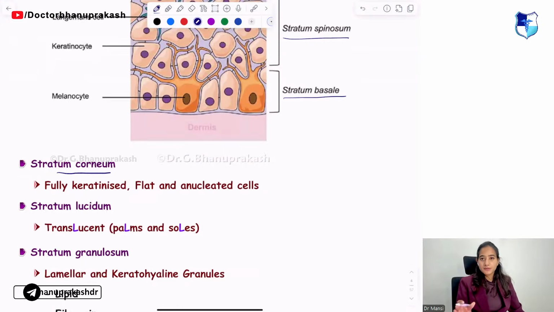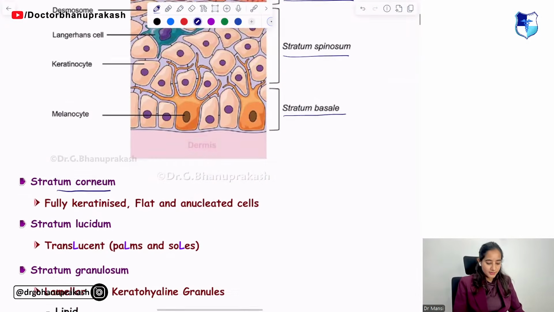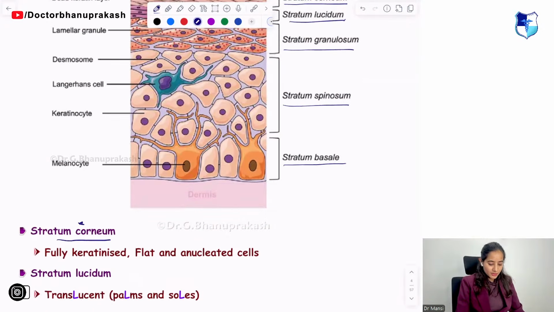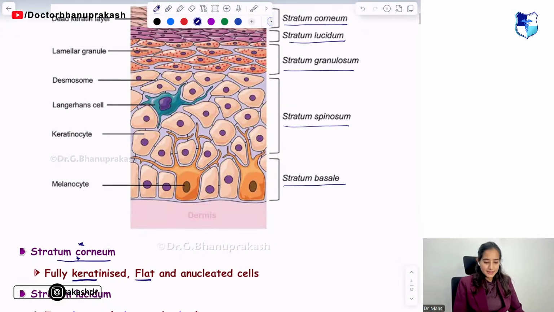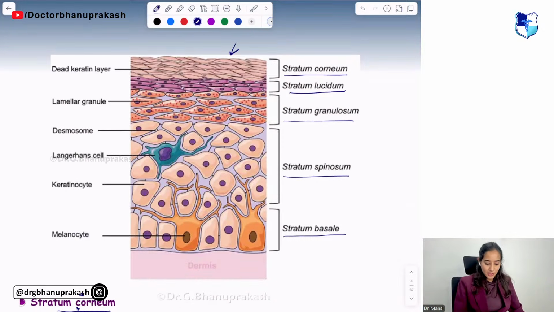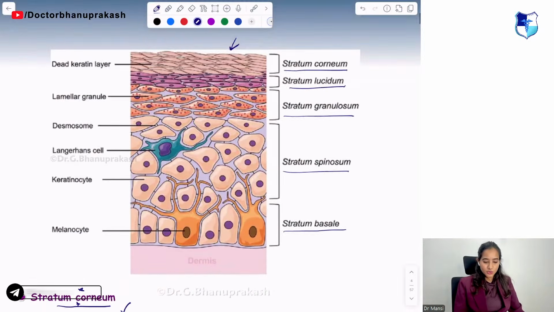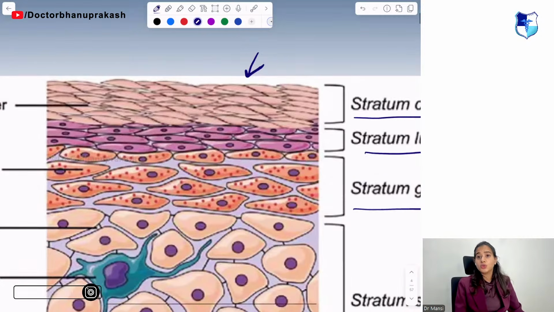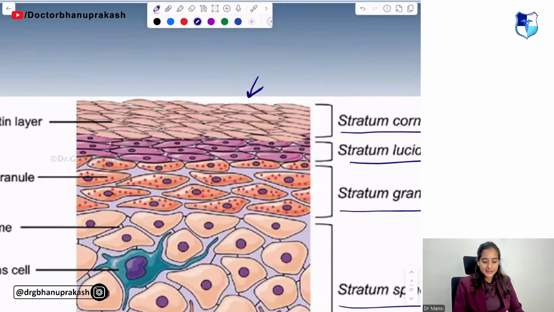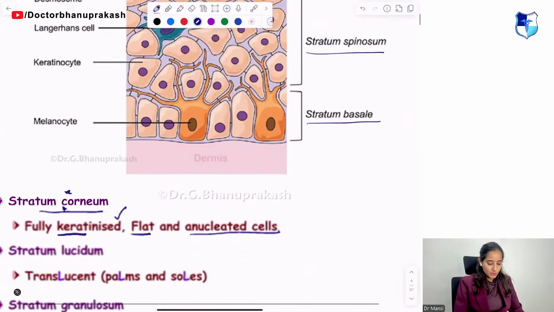Then certain specific features you have to know about all the layers. The corneum, with the C in it, is keratinized. It has flat cells, as you can see in the image, which are keratinized and anucleated. You can see in the image that there is no nucleus present in these cells. Then we have stratum lucidum.